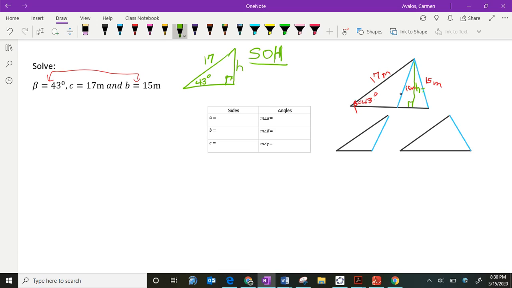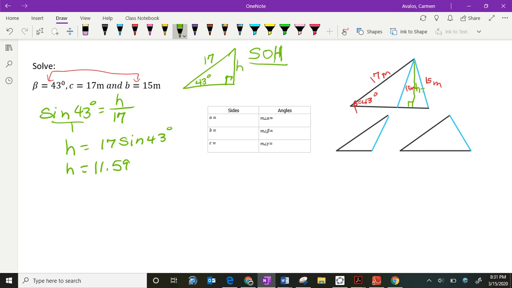So in order for me to solve for it, the sine of 43 degrees is going to be opposite h over hypotenuse, which is 17. And so here, I could put this over 1 and then solve it. So I end up with h equal to 17 sine of 43 degrees. So once you solve for that, you end up getting h is equal to 11.59.